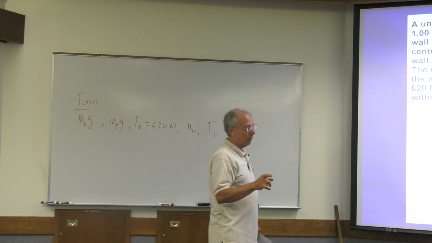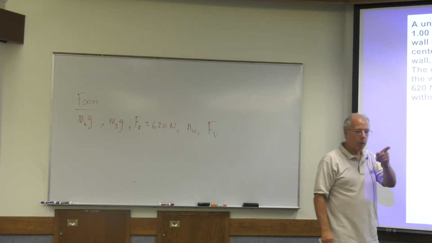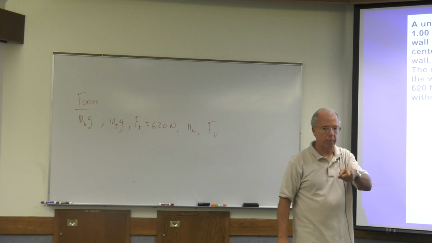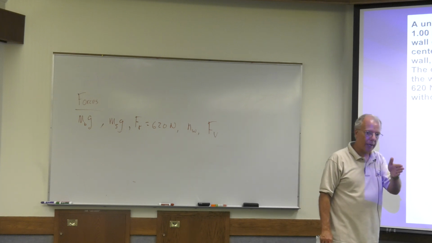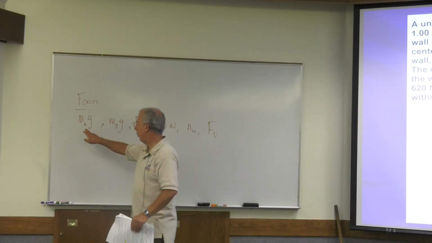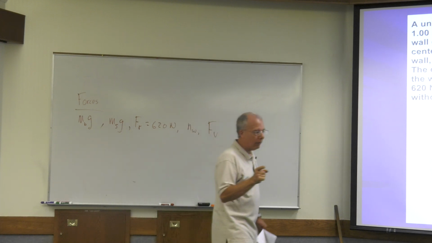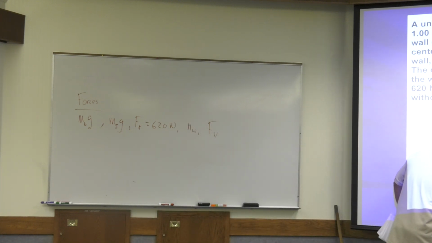The worst part is, remember, this is an extended object. It's a beam. It's not a point. With a force diagram, you just draw all the forces on the point, right? This is an extended object, so you have to draw the forces where they're actually occurring. So, the weight of the beam, where do you draw that? Think back. Center of mass, right? So this is the center of mass, so you draw it right there.